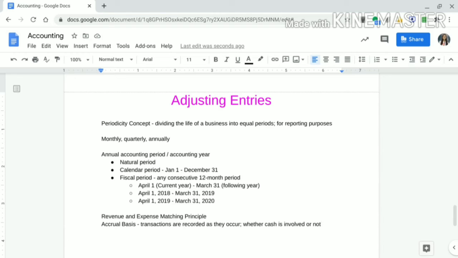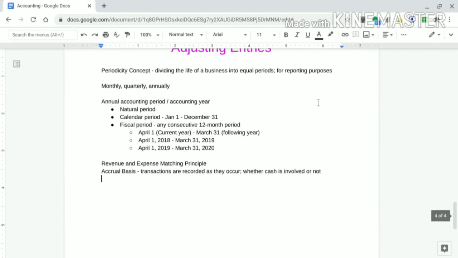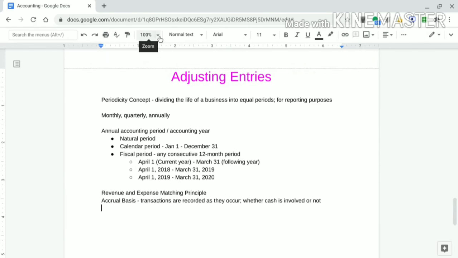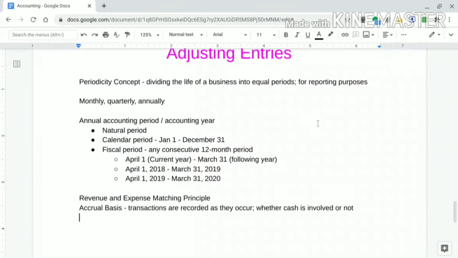So, wala pang involved na cash doon, pero the entries or the transaction is already being recorded. Okay? So, yan yung magiging basis ng discussion natin or review natin with regards to revenue and expense matching principle.